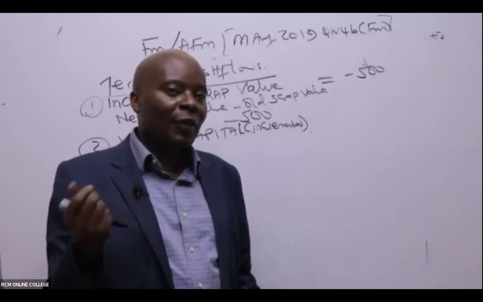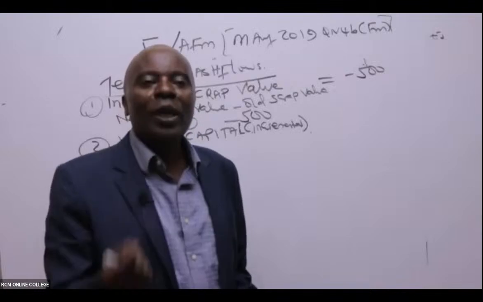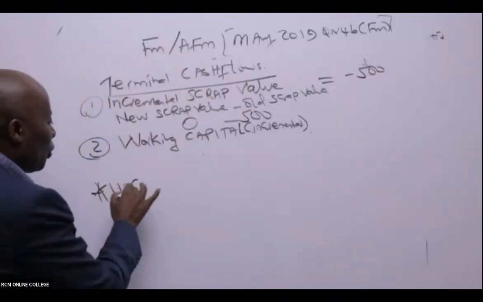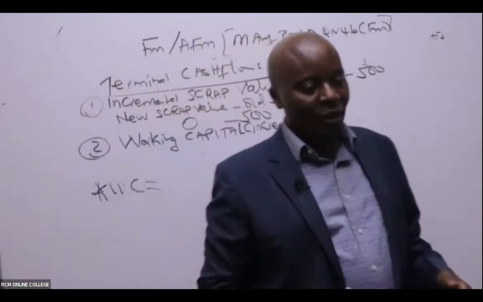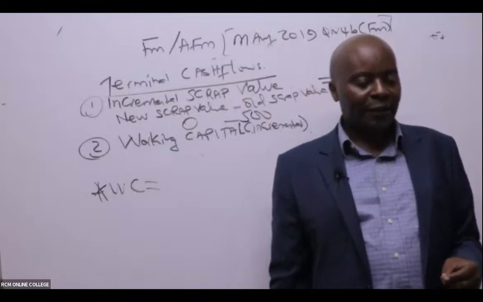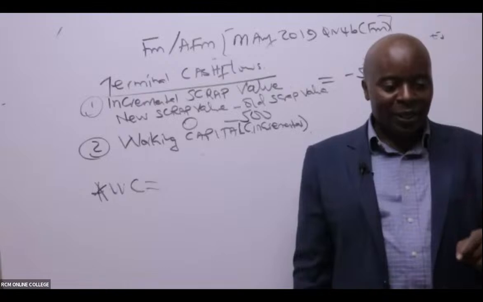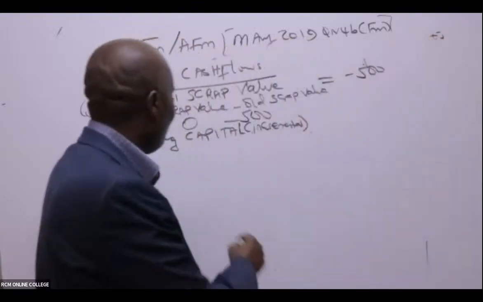But you see, this is finance. Nobody would want you to pass very easily. They will expect you to know that working capital equals what minus what? Thank you so much, Mochama. You must be a serious ninja. It is current assets minus current liabilities.